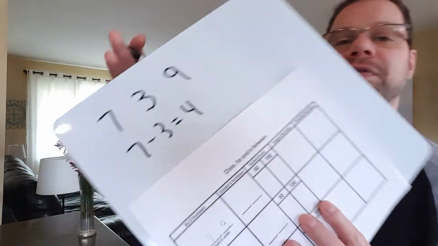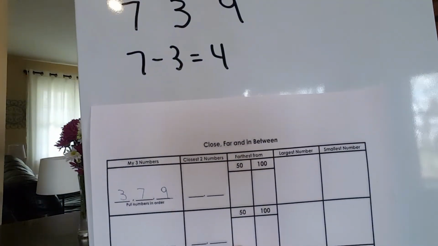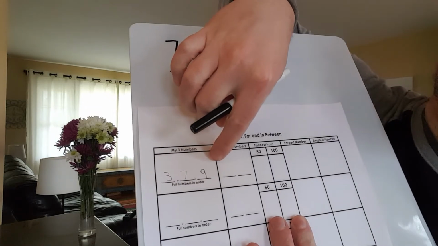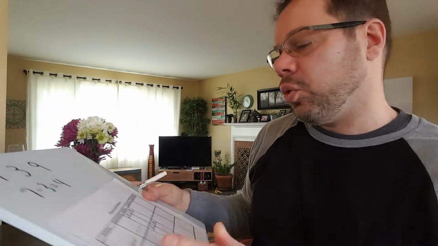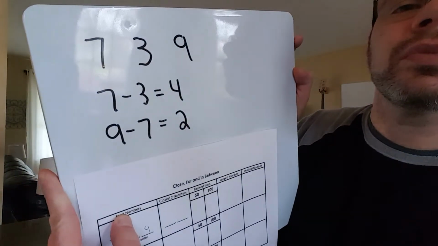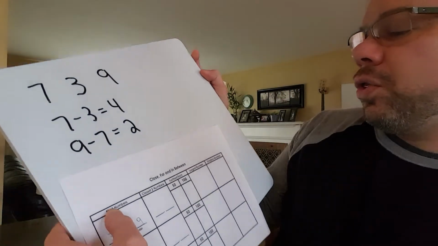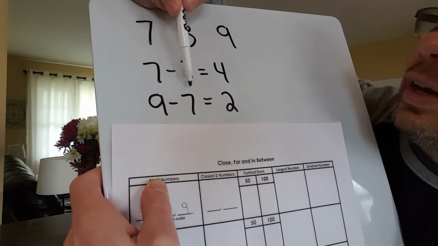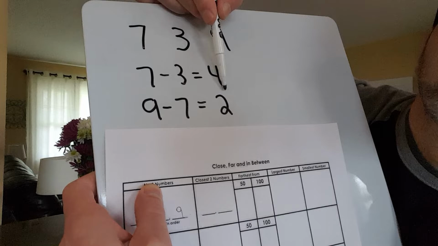Now, if I look at the next number that we're working with, it's this number 9. So if I do 9 minus 7, the answer to that is 2. So I know the closest two numbers are going to be 9 and 7 because they're only 2 apart.